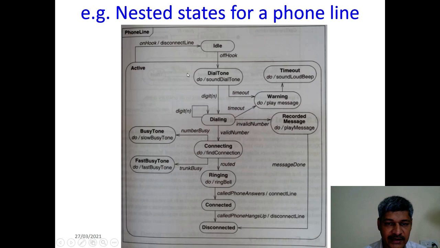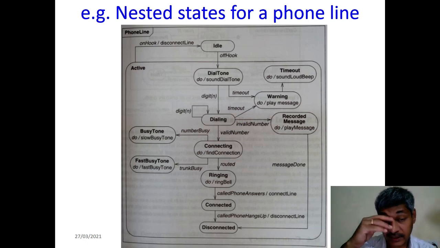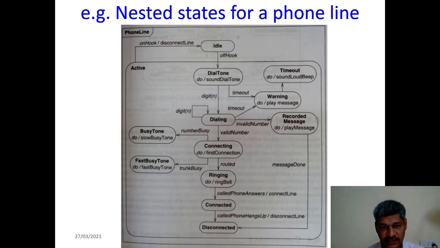So we literally had a transition from every other state towards this idle state with this on hook event. We had these lines going out from all the states, and with the on hook event they were going to idle. That is what we are trying to avoid with nested states.